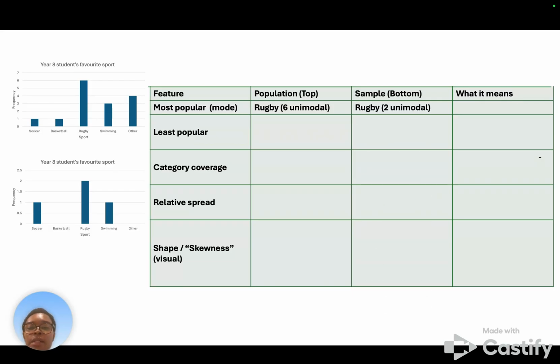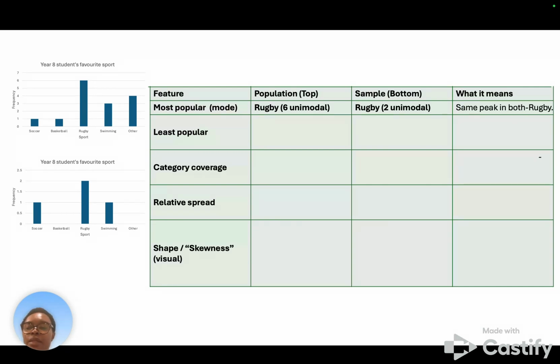And again, there is no other type of sport that has that number of frequency, and so it is unimodal. What does this mean? So this means that in both graphs, rugby is the peak. Both graphs have the same peak.